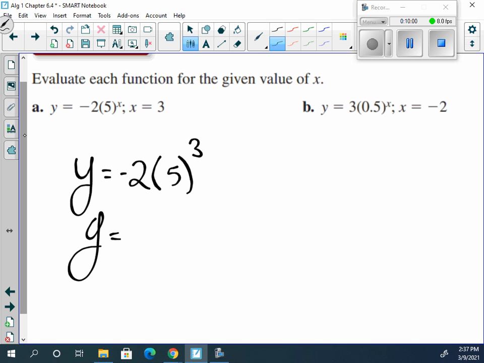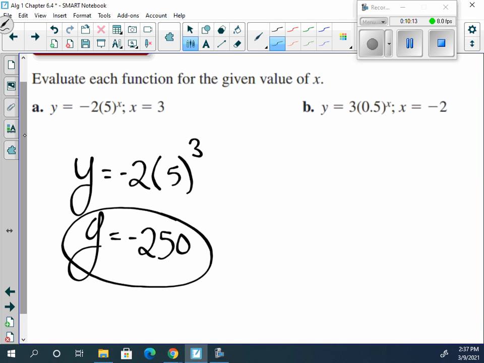Type it into the calculator, see what you get. If you haven't typed it in yet, go on and type it in. Make sure we all agree. We all get negative 250.